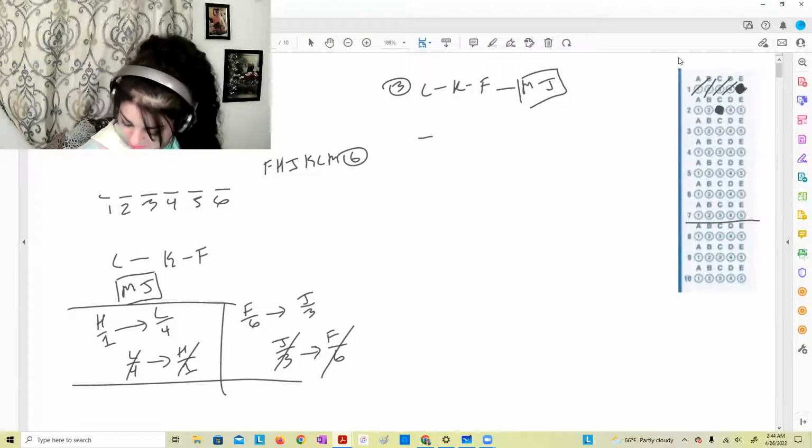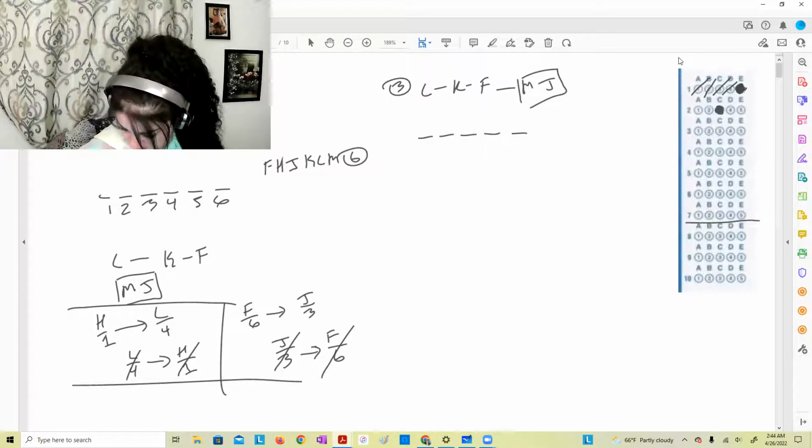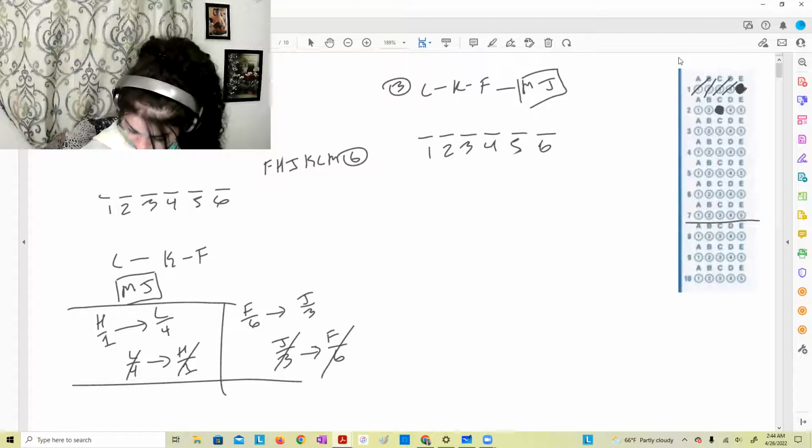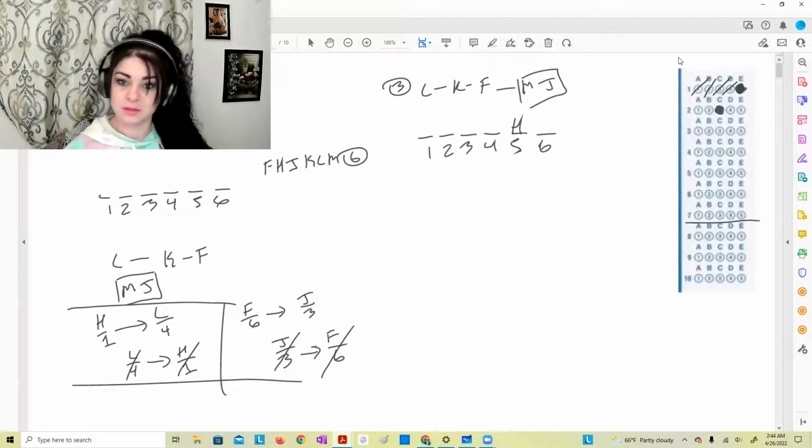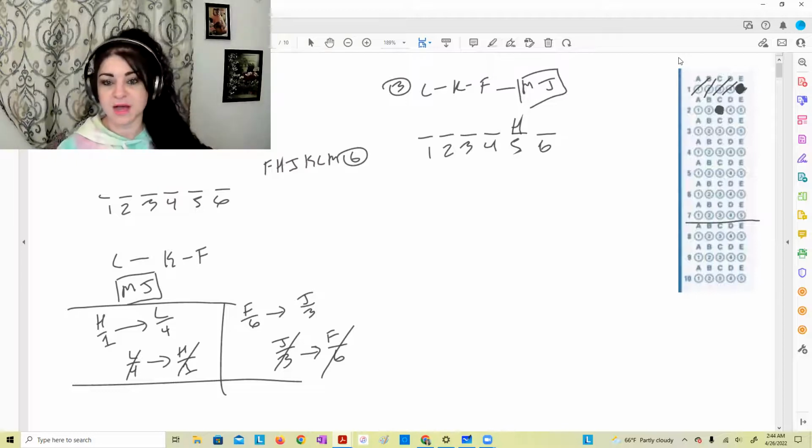Let's see. 6. What would happen if I was to put H right here, in 5? Well, this would be a problem, because that MJ block needs to go somewhere in 1, 2, 3, 4.